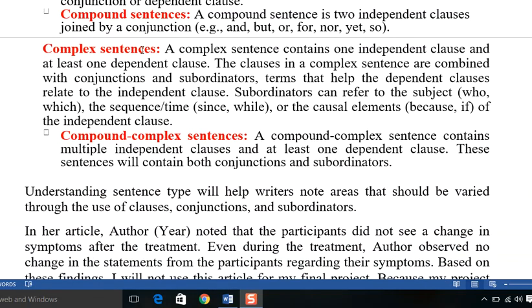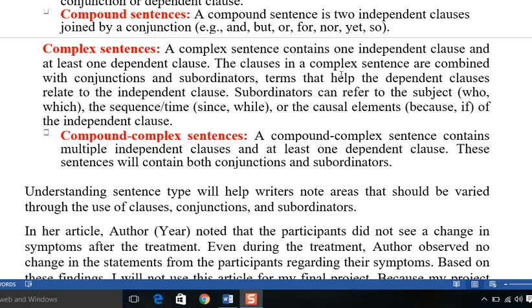Complex sentences. A complex sentence contains one independent clause and at least one dependent clause, meaning a main idea and its extension, a main idea and a subordinate idea.